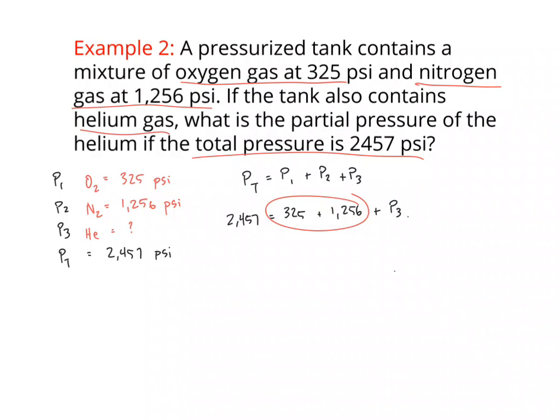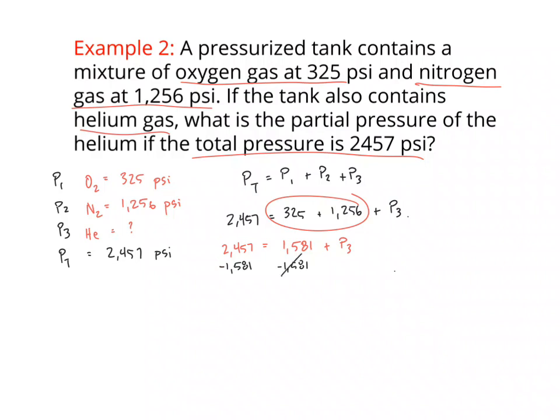So 325 plus 1256 equals 1581. So 2,457 equals 1,581 plus P3. And now to get P3 by itself, I'm going to subtract 1,581 from both sides.